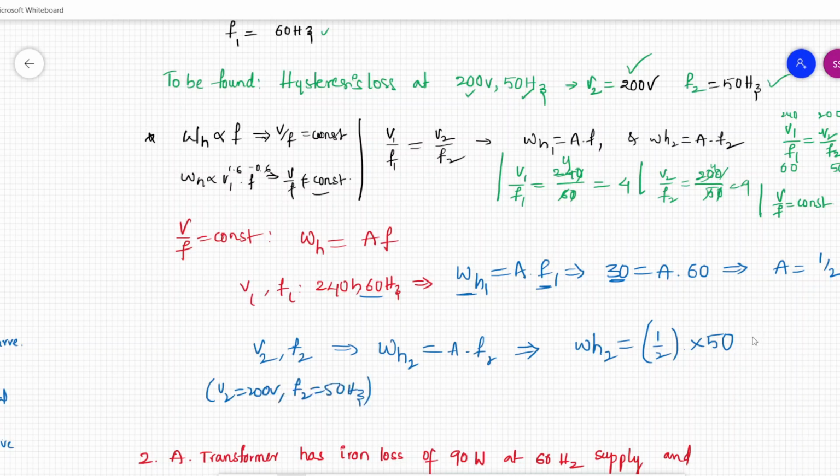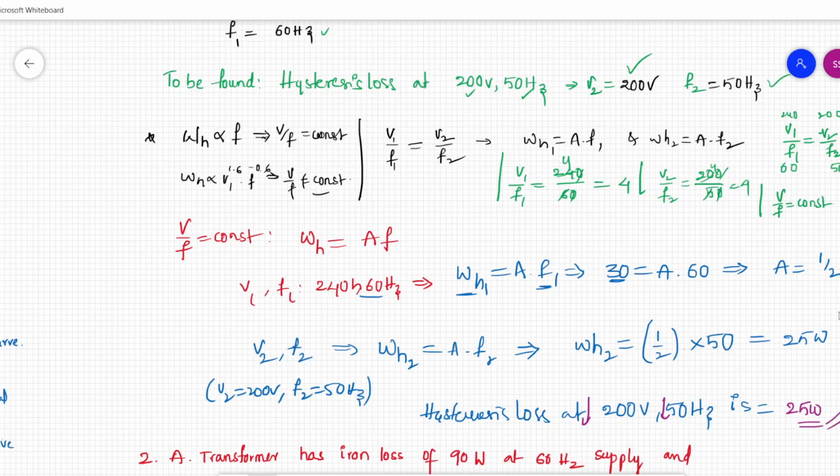I have substituted 50 here. The hysteresis loss at 200 volts, 50 Hz is how much? 25 watts. So by reducing voltage and frequency, we have reduced our hysteresis loss. So this is one question.